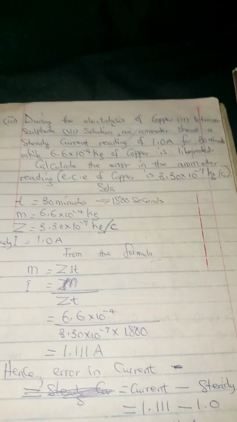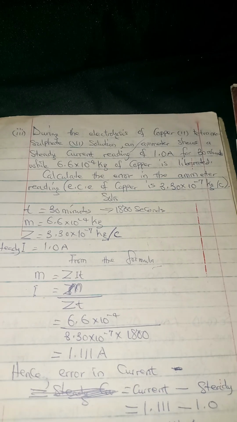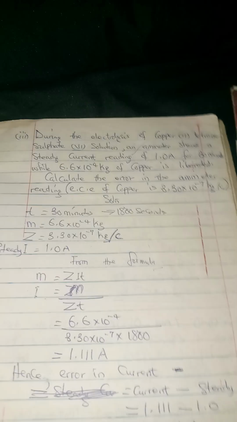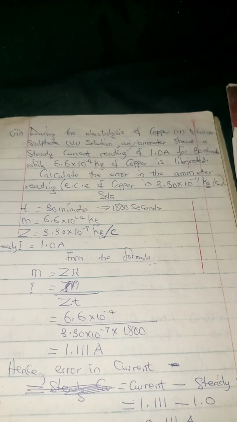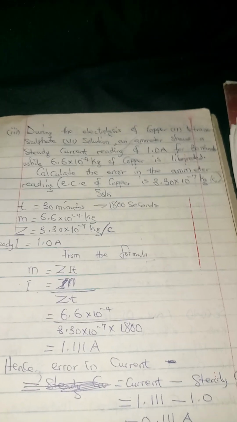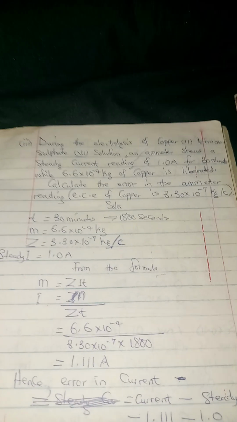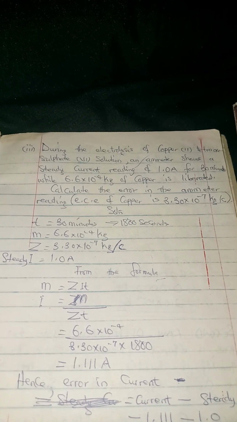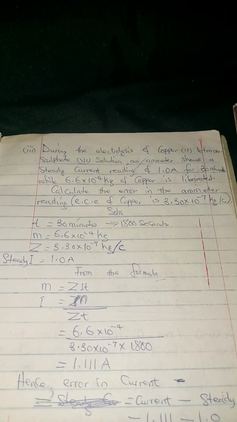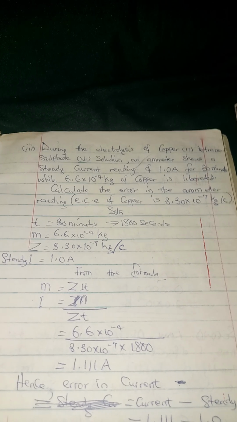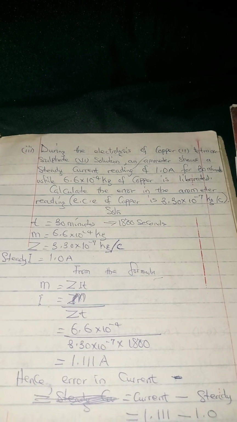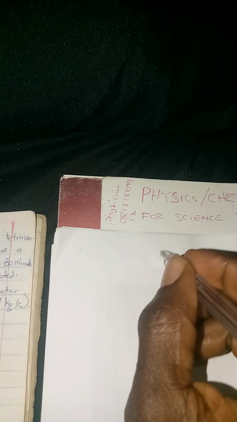When you see a question like this, the first thing you need to do as a science student to help you solve it very easily is to interpret the question. That's what my master taught me. So let's interpret the question. During the electrolysis of copper II tetraoxosulphate VI solution, an ammeter shows a steady current of 1.0 ampere.